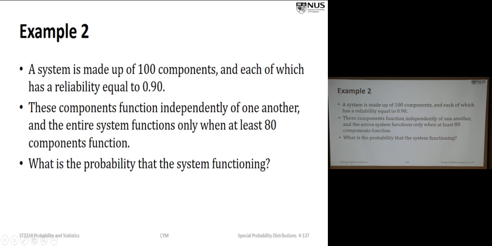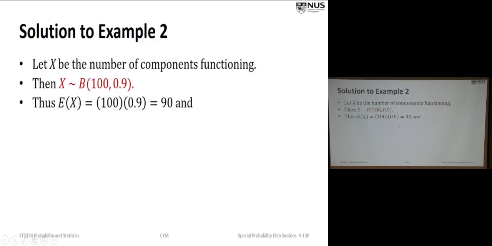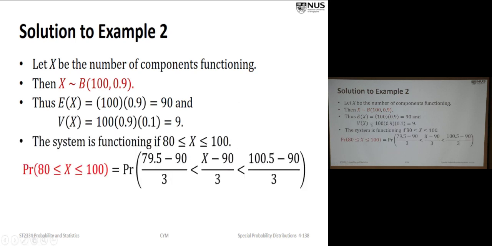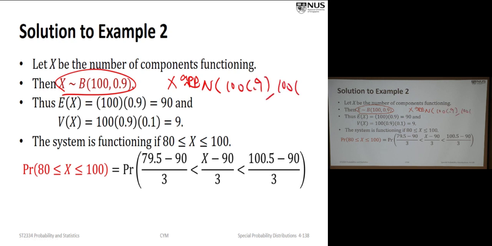Here's an example. Approximate binomial with normal distribution. So we work out that x can be approximated by normal with mean 100 times 0.9, and the variance is 100 times 0.9 times 0.1. All right. Then, because this is including 80, it extends to 79.5.